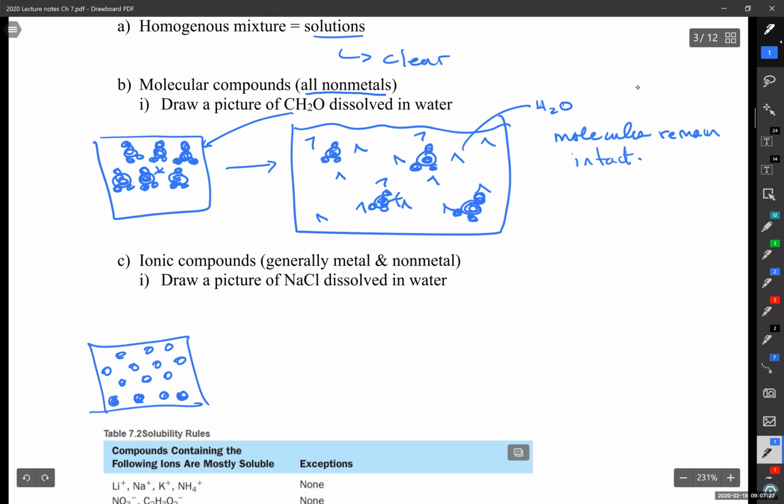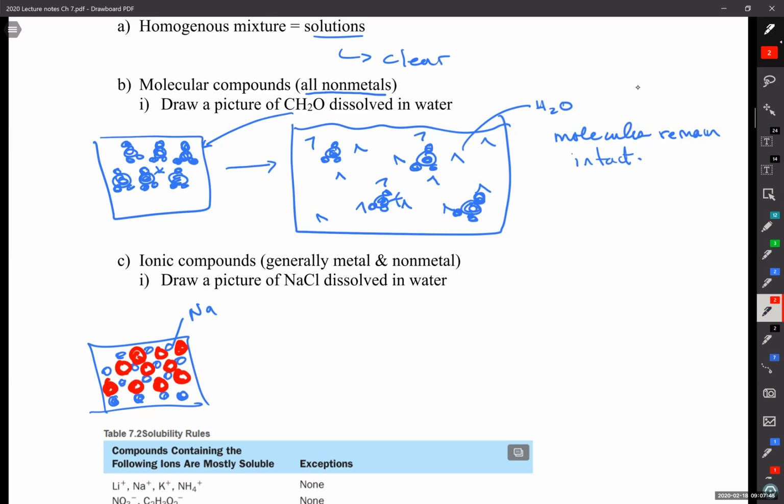Those would be like the sodiums. And the chlorides would be like this. And they kind of just fill up the space in between the sodiums. Or you can think of the sodiums filling in the space between these big chloride ions. The chloride ions are much bigger.